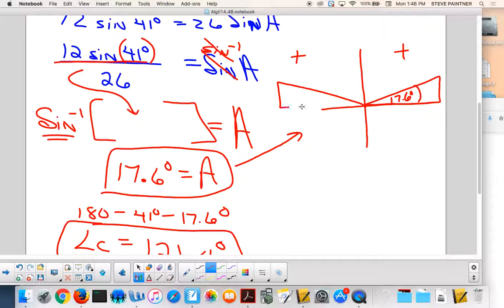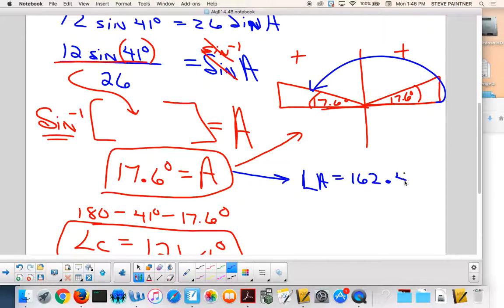It's the same triangle, 17.6. What's that? 162.4. So for the second triangle, angle A could have been 162.4.